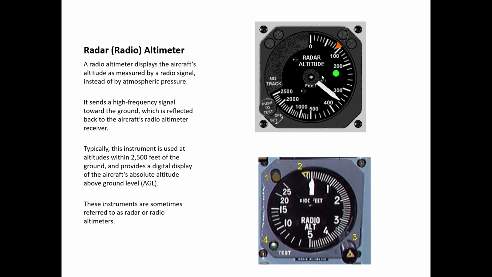This mostly tells you feet above ground. It doesn't work real well high, but when you're fairly close to the ground, within 2,500 feet, it gives a pretty accurate display. And they call that AGL, above ground level.